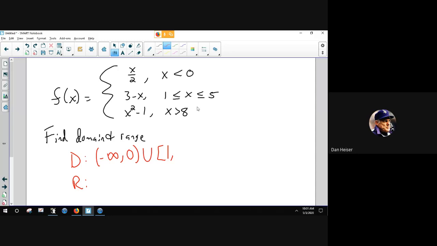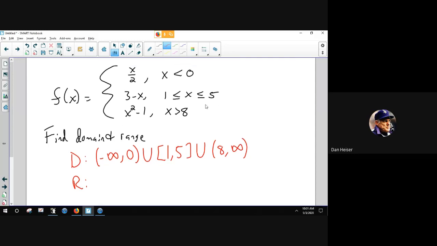So here's a second gap. Close that one with the bracket. And then we have another union. And then we have x greater than 8. So not including 8, parenthesis, all the way to infinity. So 3 pieces, and each piece gets its own unique interval because we have gaps in our x-axis. We have gaps in our domain.